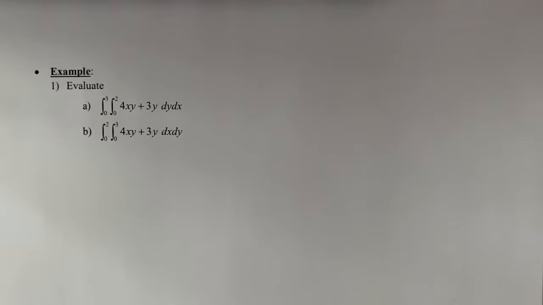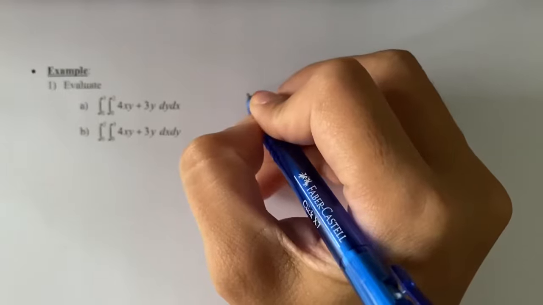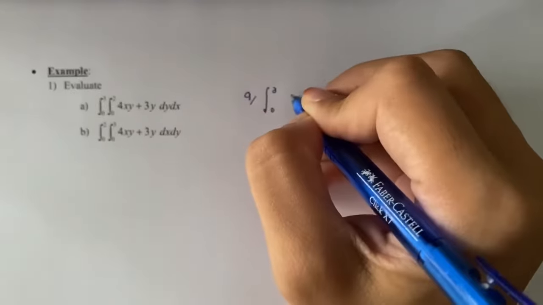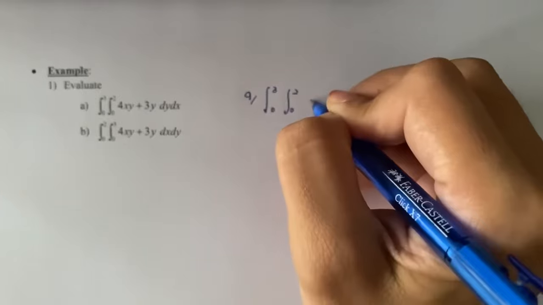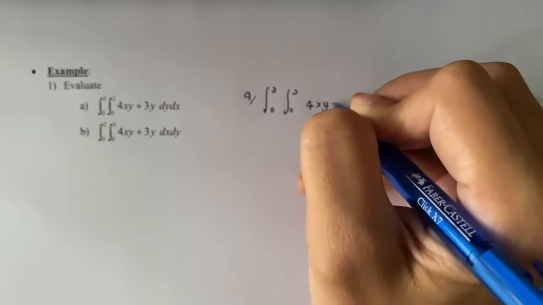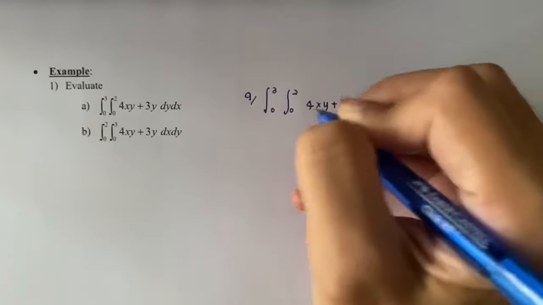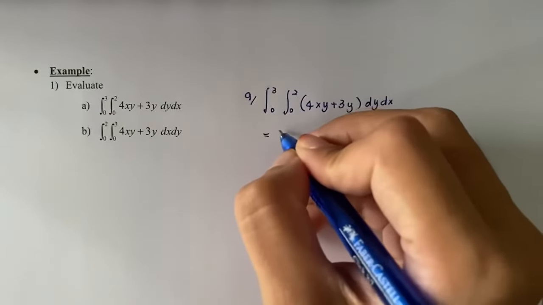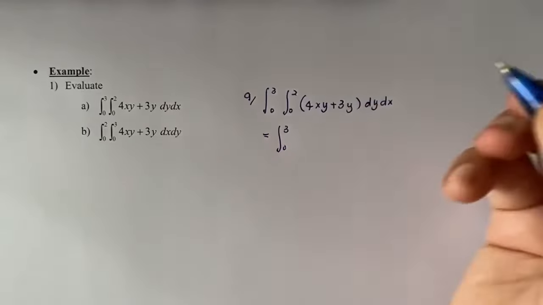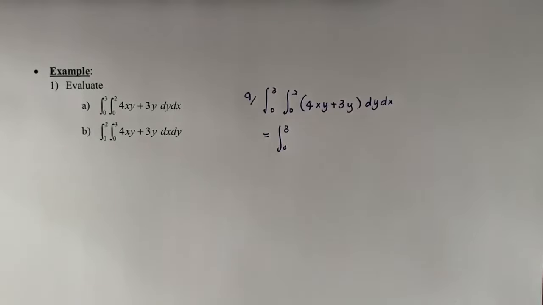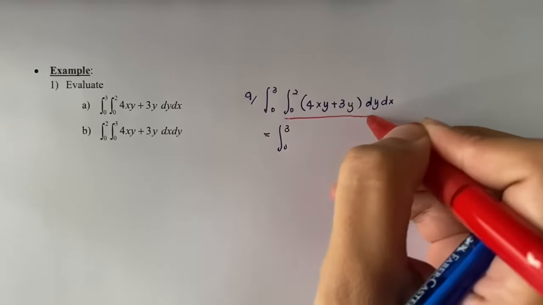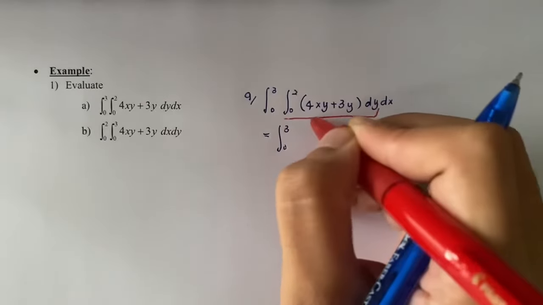Okay, let's do these two examples. For A, we have the double integration from 0 to 3, 0 to 2, of 4xy plus 3y dy dx. Do the integration from 0 to 3, dy first.